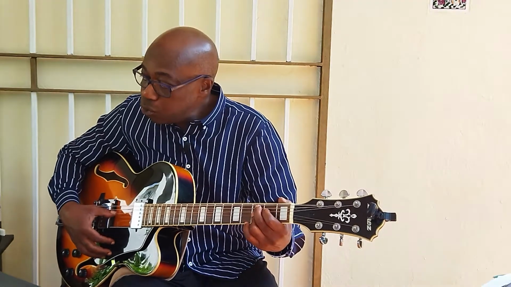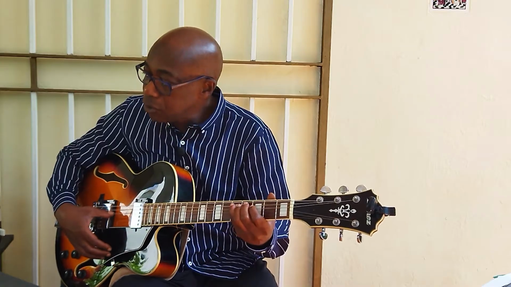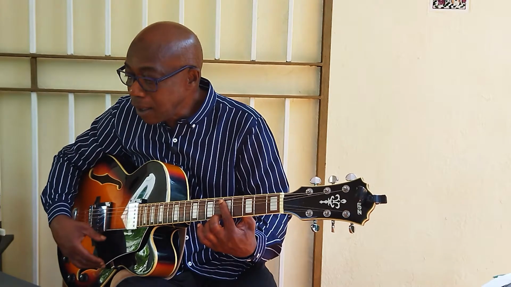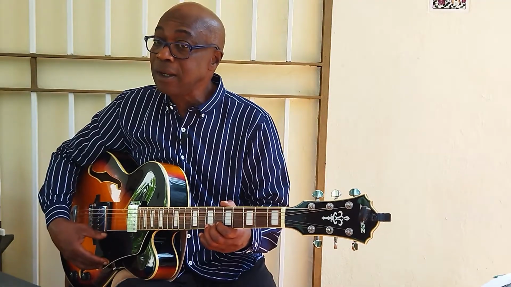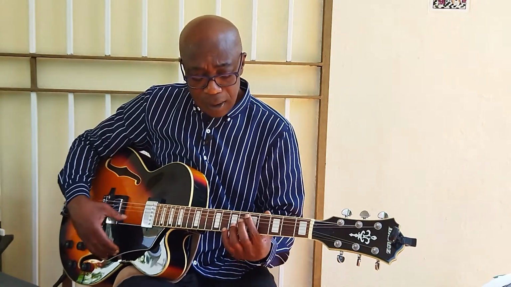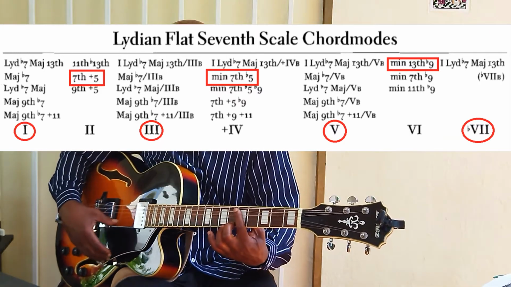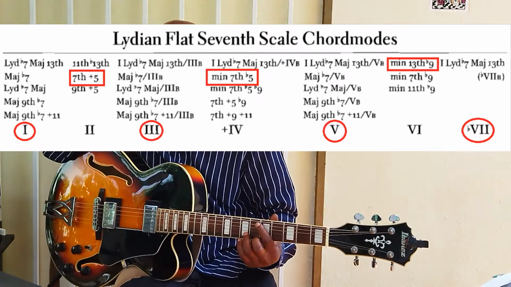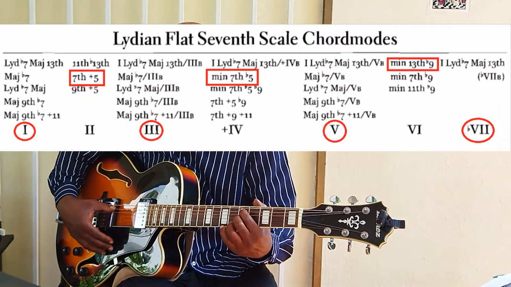Anyway, now let's check out mode 2 of the Lydian Flat 7th mode. 1, 2, which is D. So we have the 11th flat 13. That's a flat 13th. And then for the second mode, I'll advise you to use the 7 sharp 5, so you'll get used to it.